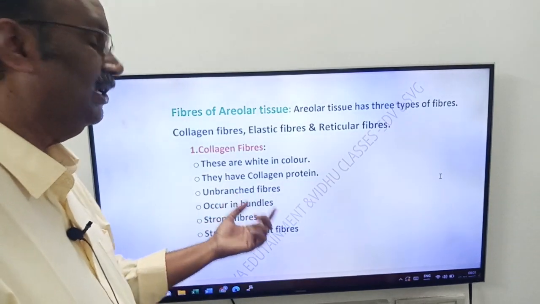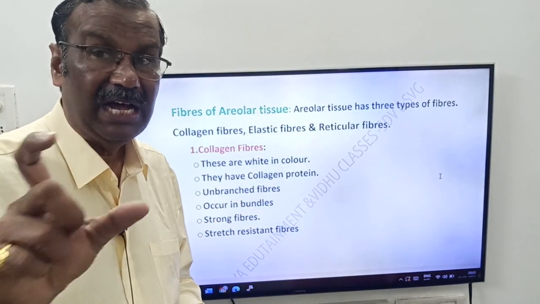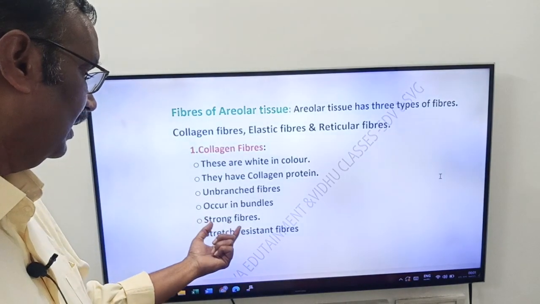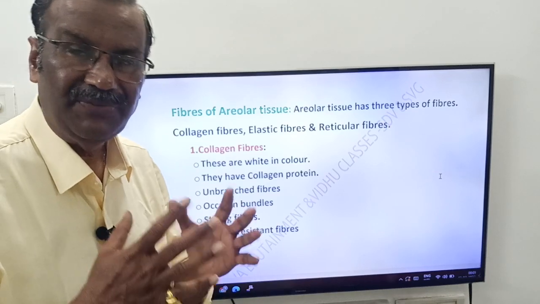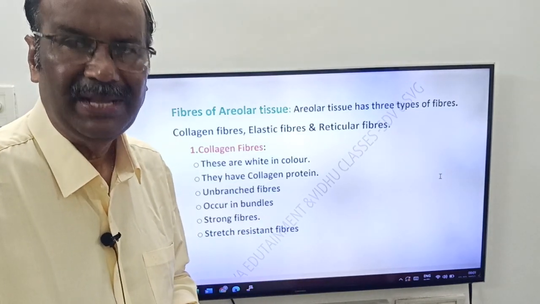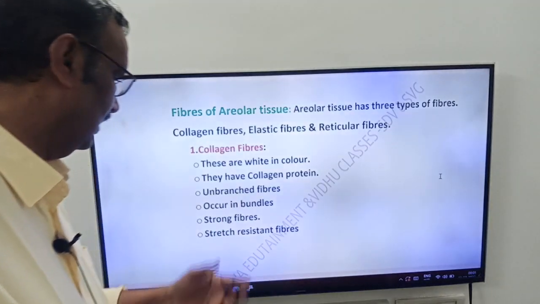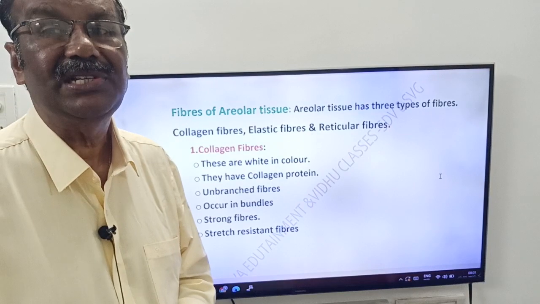These are unbranched fibers and they occur in bundles, friends. They are strong fibers. They are stretch resistant fibers.